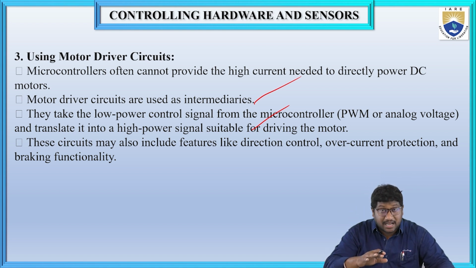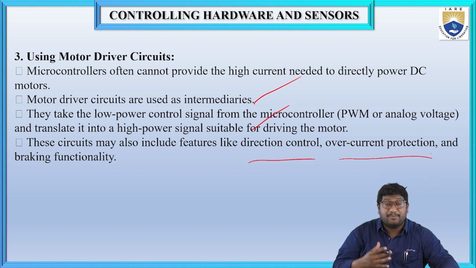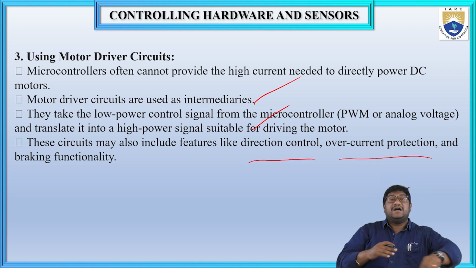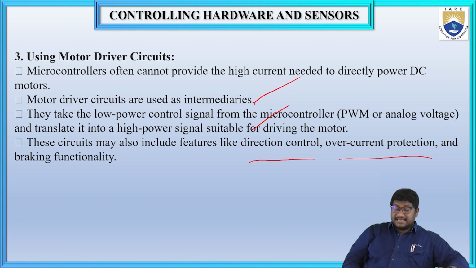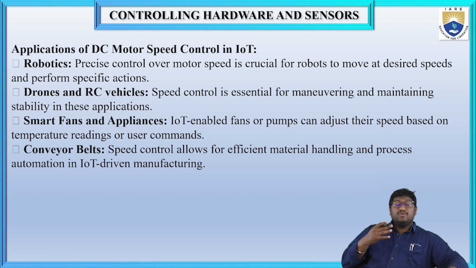Some circuits also include direction control as well as overcurrent protection. These are the things to keep in mind whenever we want to control the speed of a DC motor.